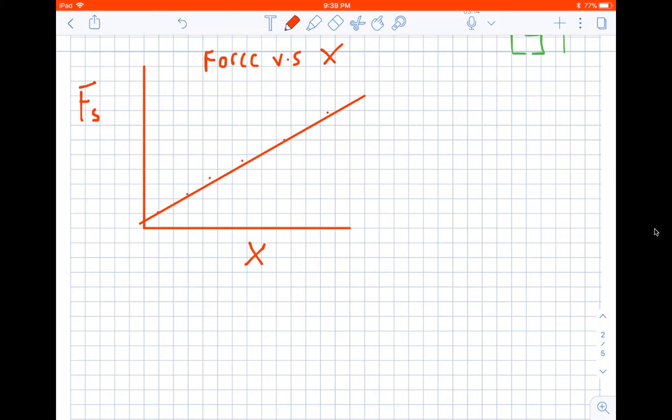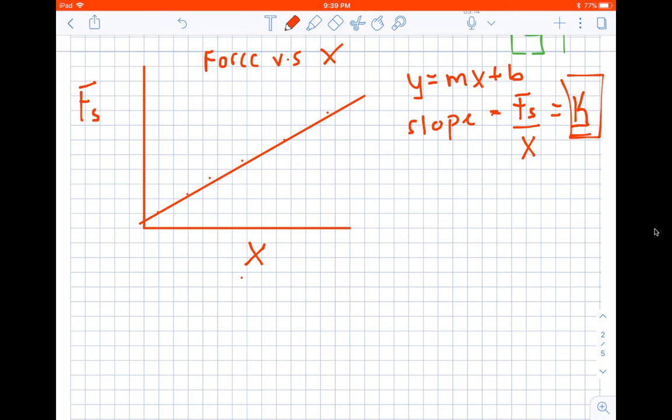And the slope of that trend line was our force divided by our stretch, which we define as a spring constant. So we can actually find that spring constant graphically.